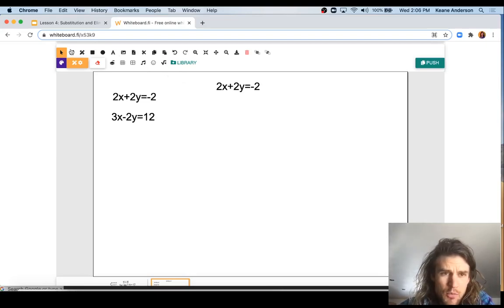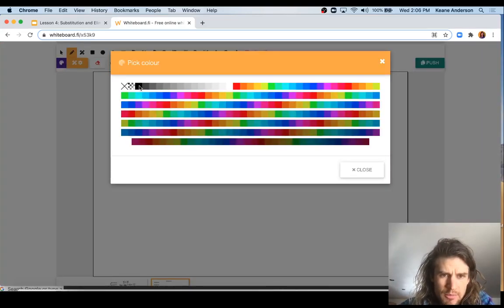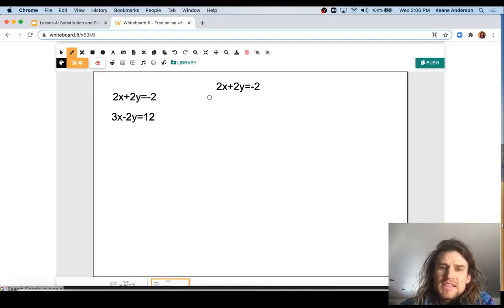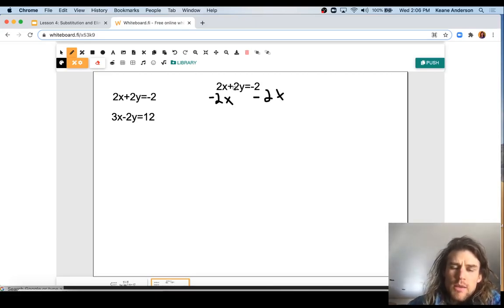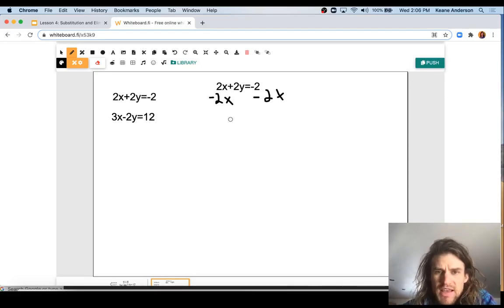So step 1, let's go back to our black pencil here, would be let's subtract 2x from both sides. Minus 2x, minus 2x. That's going to cancel out and become 0. We're going to say 2y equals negative 2x minus 2.